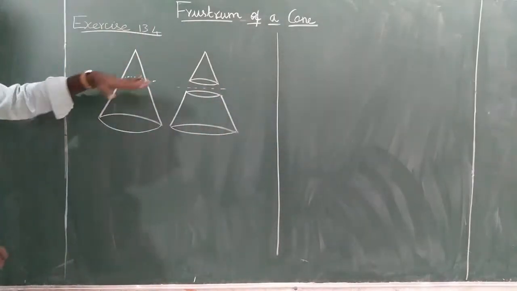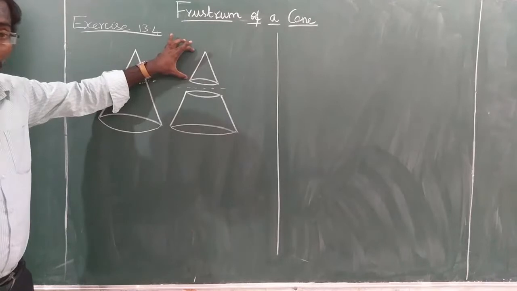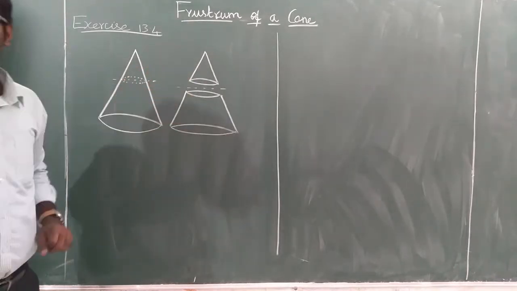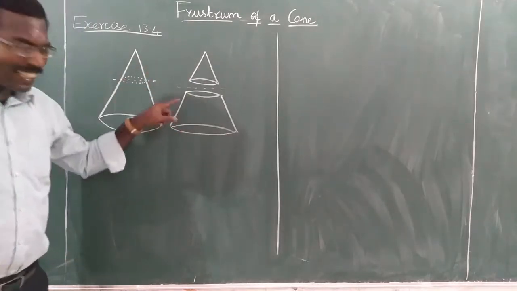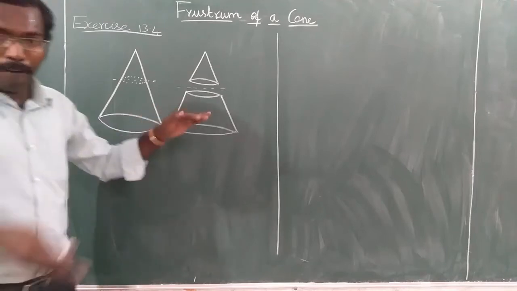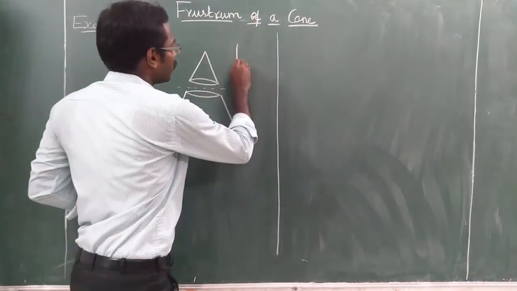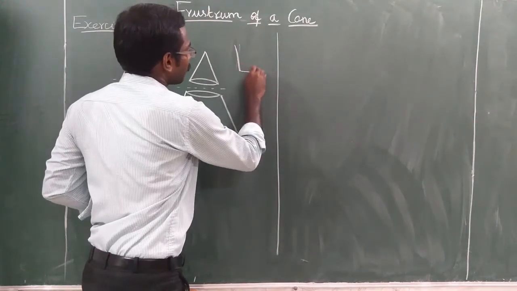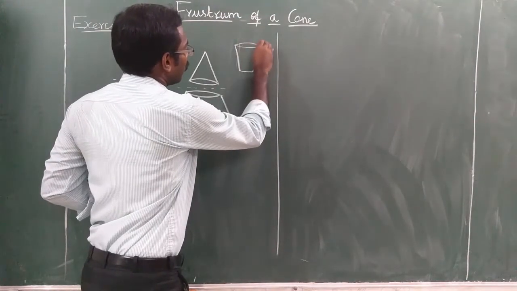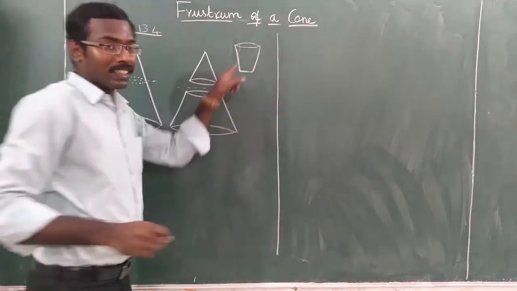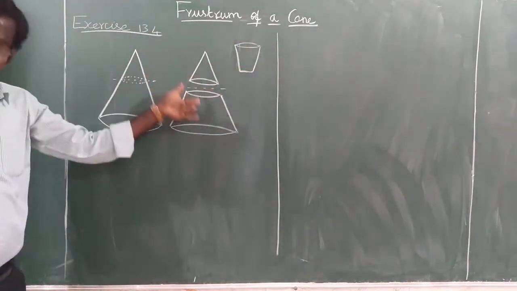So if you cut a cone, you will get a small cone at the top and another structure at the bottom. This structure is almost like a bucket kept inverted. Usually buckets will be like this. This is like a bucket kept inverted.